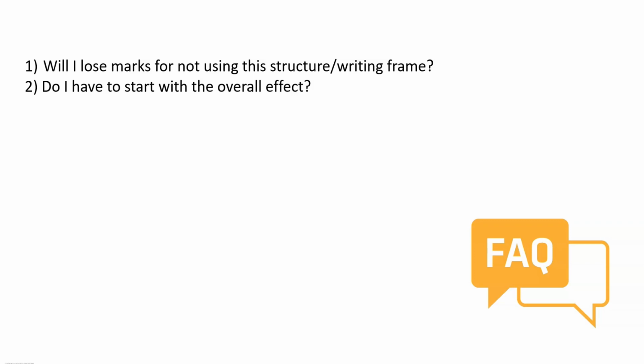If you establish that first and have this as a clear and concise sentence to front load your analytical paragraph, it is going to, A, show the examiner you understand the text and what the writer is trying to achieve, and B, keep you nice and focused. So in my opinion, it's a win-win situation.